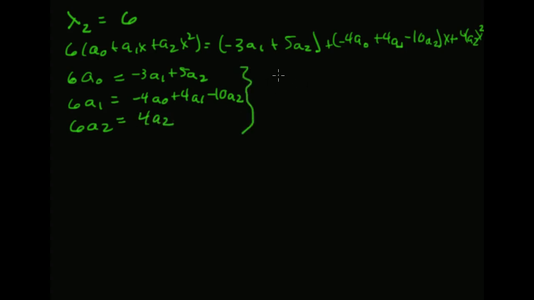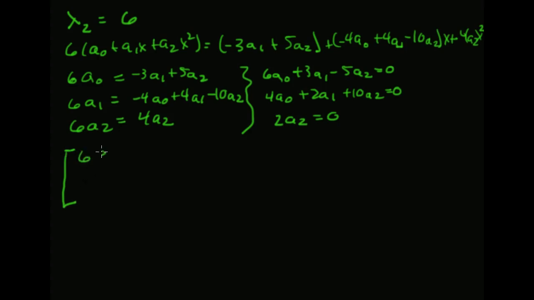All right, putting that in standard form, 6a0 plus 3a1 minus 5a2 is 0. 4a0 plus 2a1 plus 10a2 should be 0, and 2a2 should be 0. Alright, so that gives me 6, 3, negative 5, 0, 4, 2, 10, 0, 0, 0, 2, 0.